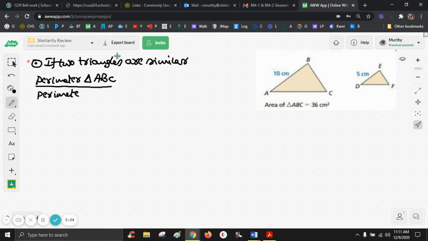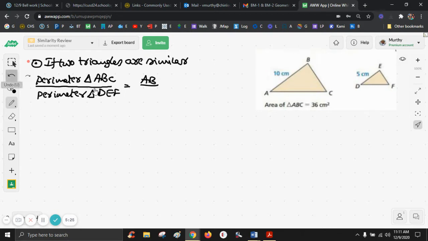So perimeter of triangle ABC over triangle DEF equals, you can take any one of those sides, like AB. If I take AB, please see that the corresponding side is DE.